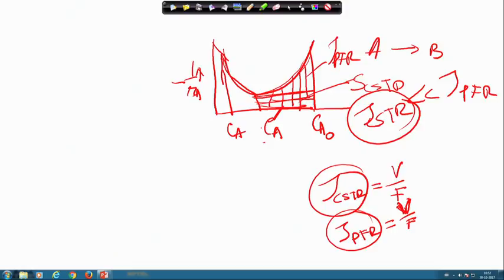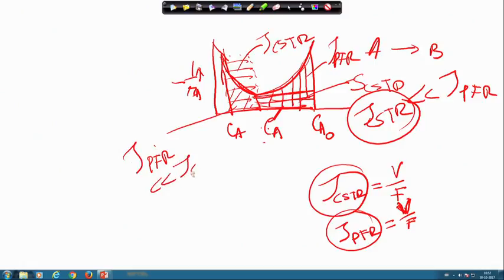But here it is the reverse. Here you see, when CA dash goes to CA, the area under this curve will be tau plug flow reactor. But when you go for the CSTR, this is tau CSTR. So, naturally this is much less compared to tau CSTR.